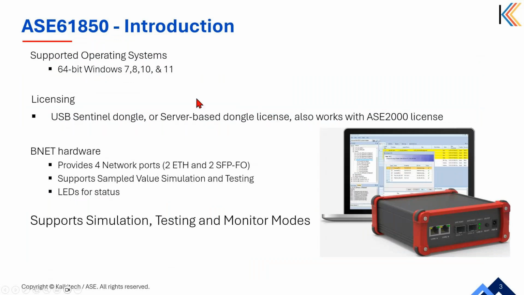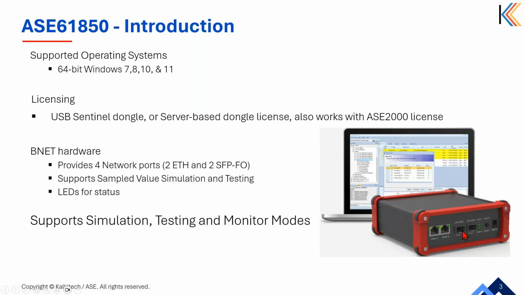Giving further introduction to ASE61850, we support it on Windows-based platforms, and currently licensing is done using a dongle. We also have a server-based license for the software, and the software will also work with the ASE2000 license. Regarding the BNET hardware, we have 4 physical network ports, 2 Ethernet and 2 fiber optic or Ethernet.